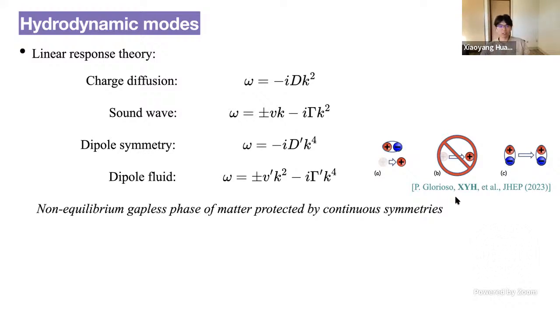In this sense, we see many low-lying gapless modes in this hydrodynamic region. One interesting observation is that these gapless modes are actually protected by the symmetries that we impose. For example, if you have the additional dipole constraint symmetry, you will get different behavior of your phase of matter.